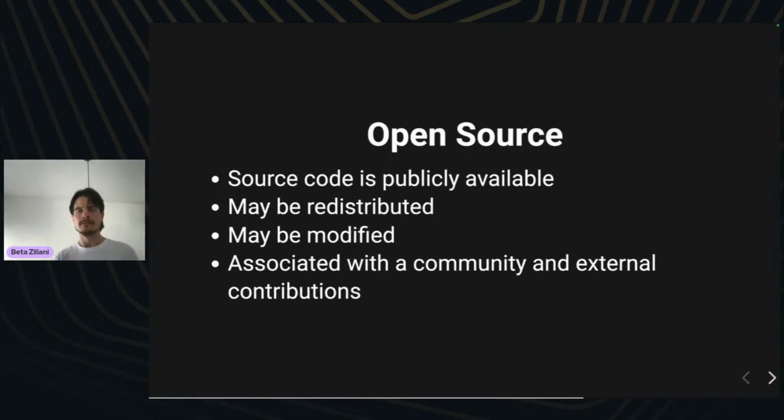Last part of this talk. Let's talk about what it means to contribute to open source, and in particular to Crystal. In open source, you know, the code is publicly available. In the license of Crystal, you can redistribute it, you can modify it.